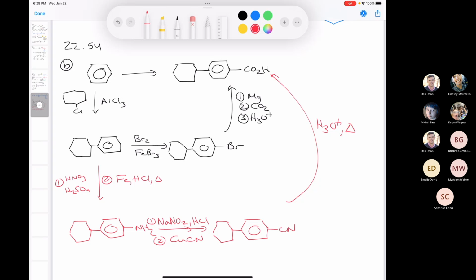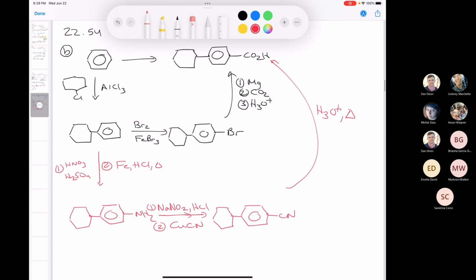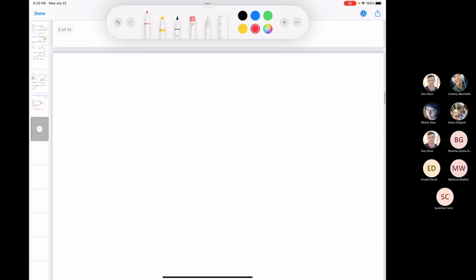I want to try question 22.57, which says predict the major product. They just give us some conditions and a starting material, and we're asked to predict what the final product would be. So this is 22.57A.